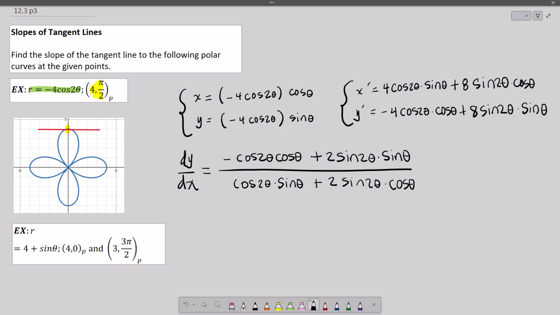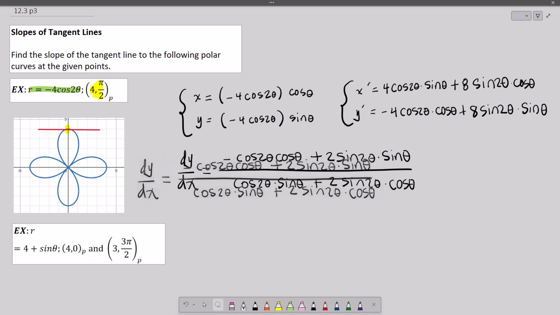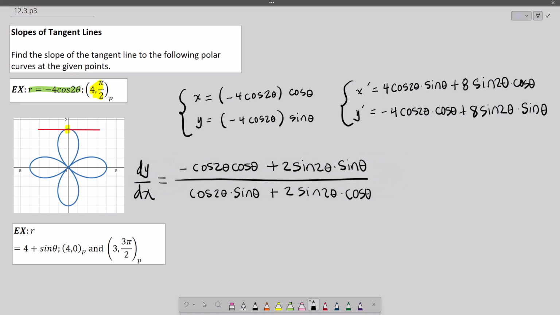That is the slope of the tangent line right there. And this said, let's find the slope of the tangent line at pi over 2. So I'm just going to move this a skosh to the left. So if we want to evaluate this dy dx at theta equals pi over 2, we notate it this way.